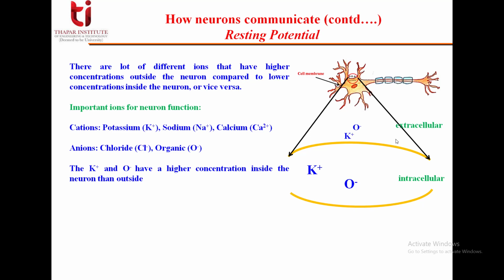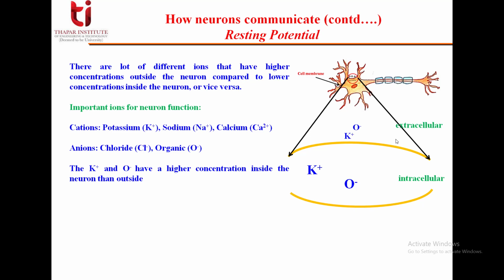Now we focus on the concentration. The potassium and the organic ions have a higher concentration inside the cell than outside. We have shown higher concentration by bigger size letters and lower concentration by smaller size letters.